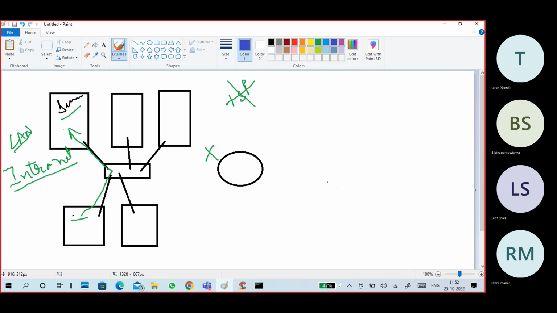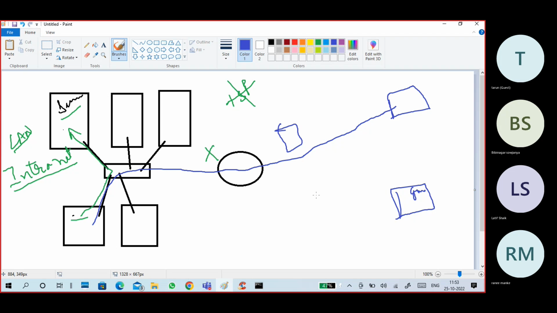Suppose you want to communicate with google.com or facebook.com or some server outside of your network. Compulsorily you have to communicate through the internet, which is a network of networks. Globally, multiple networks are spread around the world.